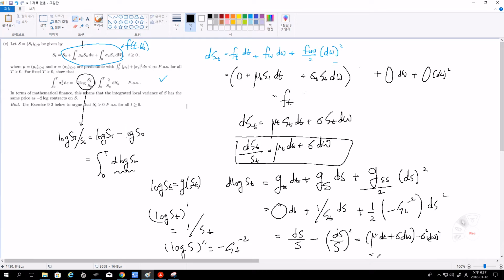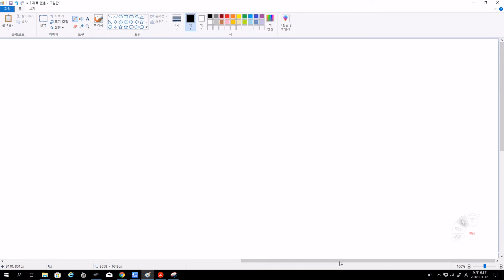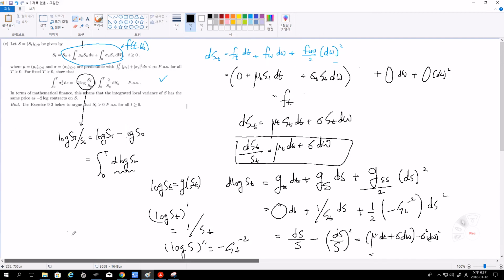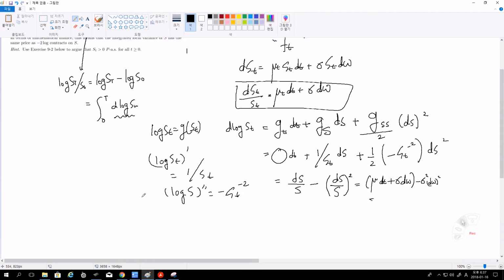So it is mu dt plus sigma dW minus sigma square dt.